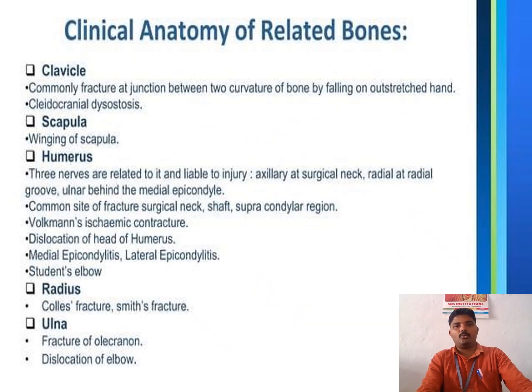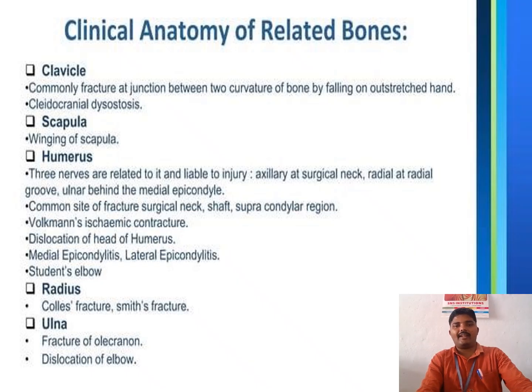Then the clinical anatomy of the bones. The clavicle is commonly fractured at the junction between the two curvatures of the bone, following a fall on an outstretched hand, and there is cleidocranial dysostosis. In the scapula, winging of the scapula. Then the humerus: three nerves are related to injury. The axillary nerve at the surgical neck level, the radial nerve at the shaft level, the ulnar nerve at the medial epicondyle level.